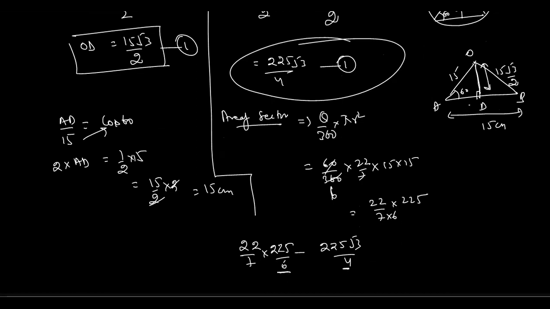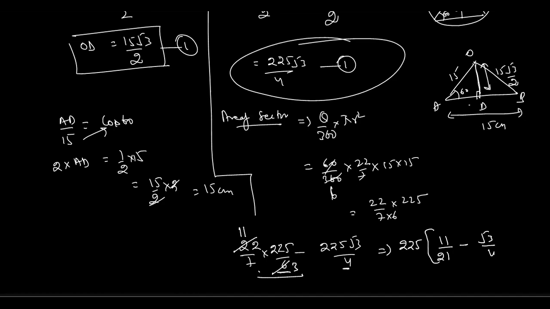You can cut it here, no need to take 2 as common, so you can cut 22 and 6 to get 11 by 3. So that would be equivalent to taking 225 as common, so you will get 11 by 21 minus root 3 by 4.